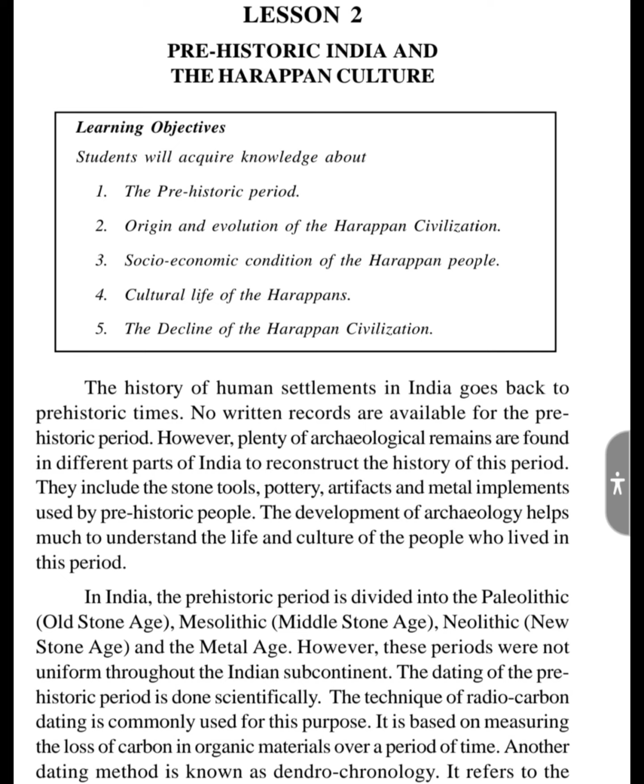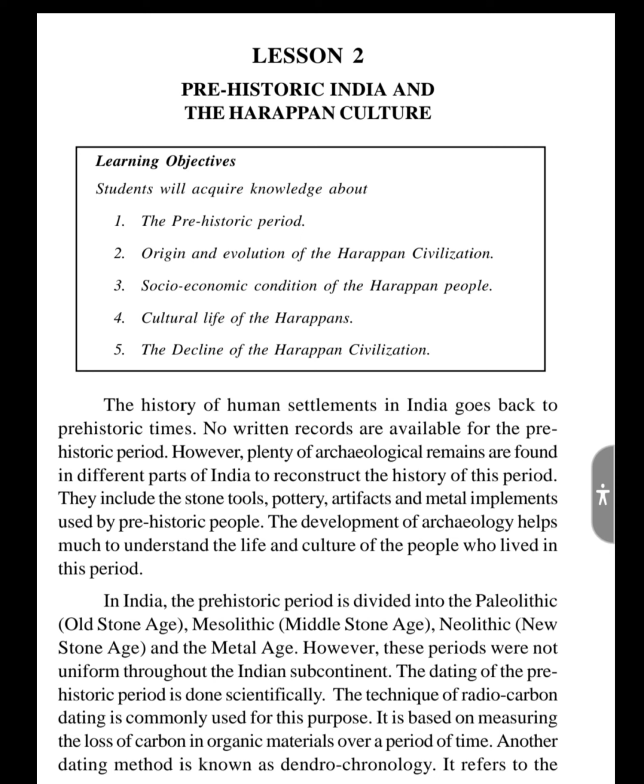The dating of the prehistoric period is done scientifically. The technique of radiocarbon dating is commonly used for this purpose. It is based on measuring the loss of carbon in organic materials over a period of time.